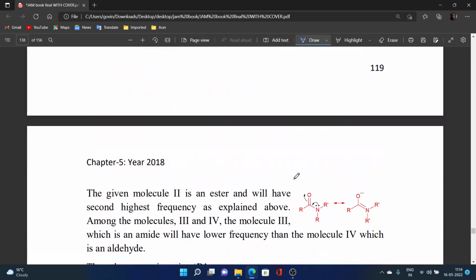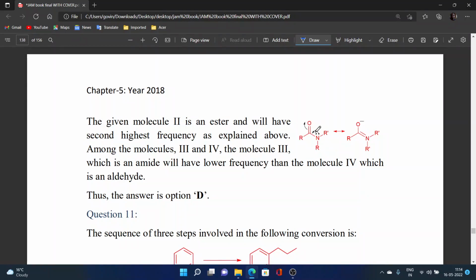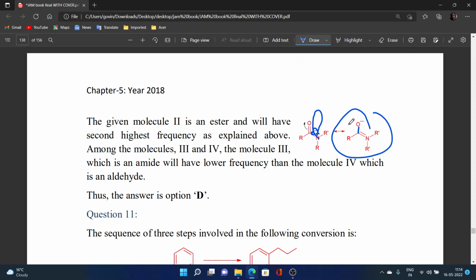And if you look at amides, see, nitrogen is much less electronegative than oxygen, so it pumps electrons very efficiently. This lobe is much bigger than oxygen's, so it overlaps very well with this carbon, and therefore you can see much stronger single bond character comes. That means the bond is weakened, and therefore the energy required is much less.